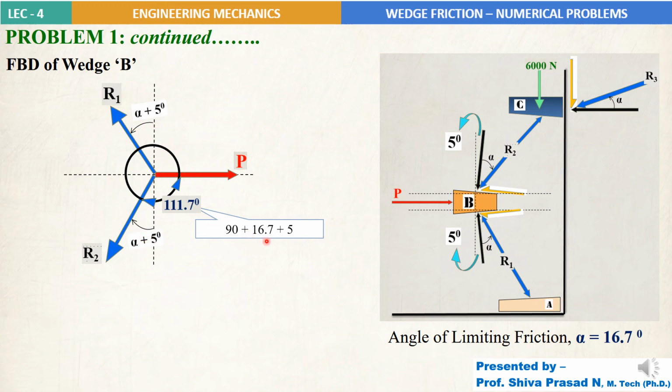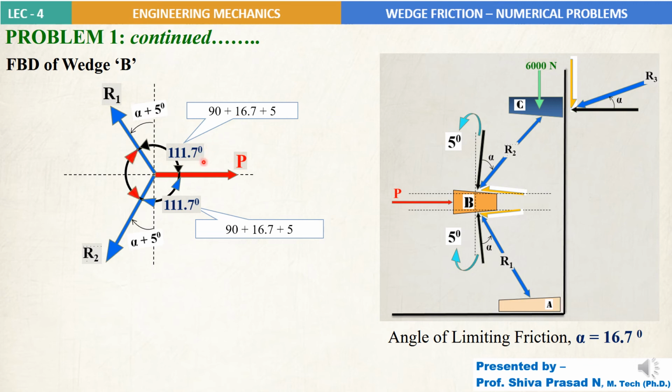So 90 plus alpha is 16.7 degree plus 5 works out to be 111.7 degree. Next angle between R1 and P, again it is 90 plus alpha plus 5 degree. So that's what you get, same, these two are same.